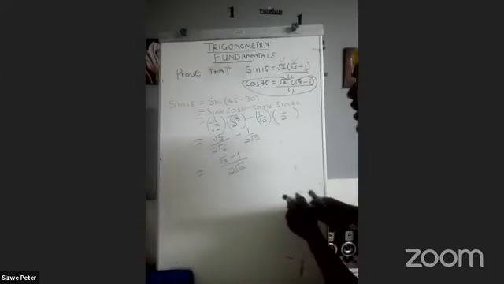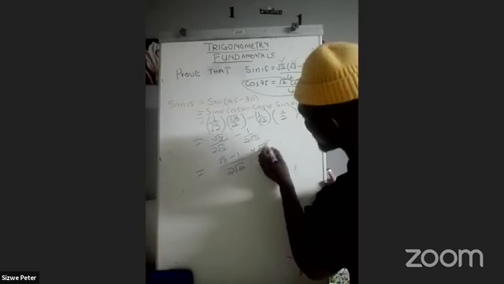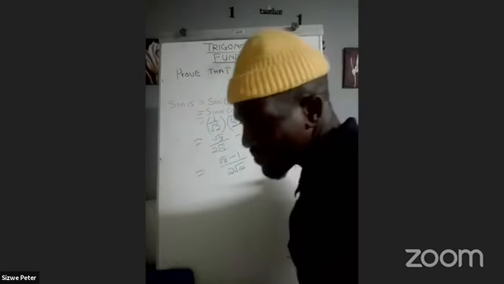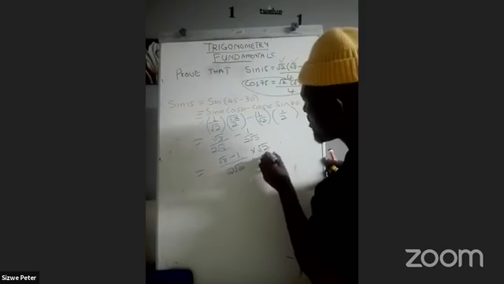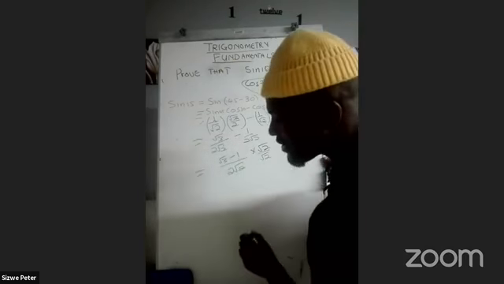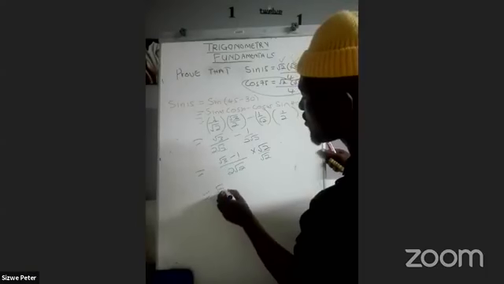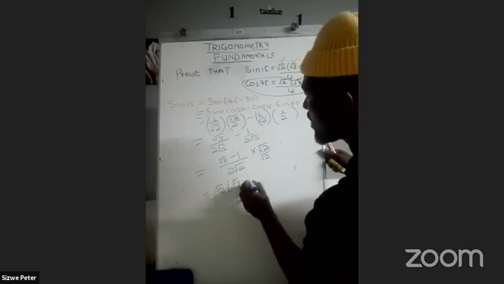Any idea? Since there is square root 2 here, let me force matters and multiply by square root 2, because I don't have square root 2. What you do on top, you also do on bottom. Are we fine? I want square root 2, so bring that square root 2 in front of square root 3 minus 1.